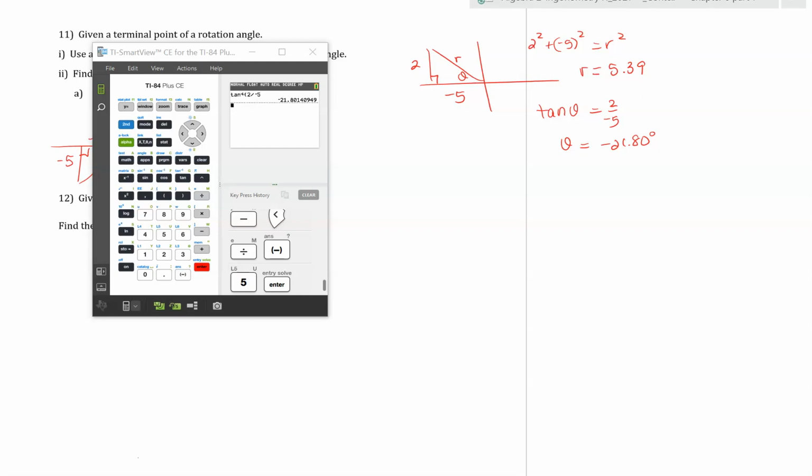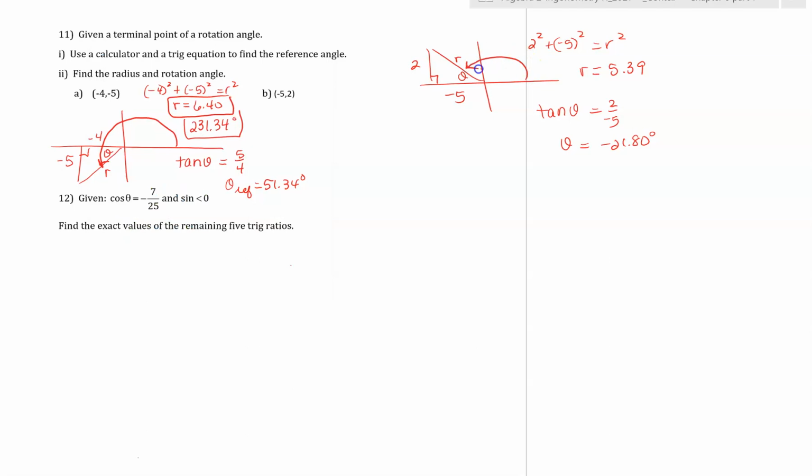So my calculator doesn't understand that reference angles are positive. Since this was negative, my calculator returned an angle in the fourth quadrant. But if we understand that that's a reference angle, I could find my rotational angle by doing 180 minus the reference angle. The reference angle is positive, 21.80 degrees.